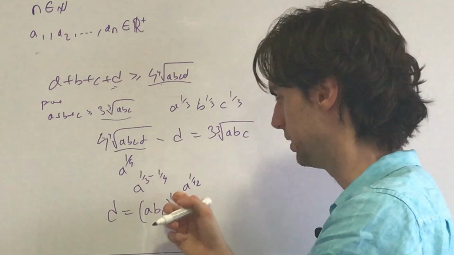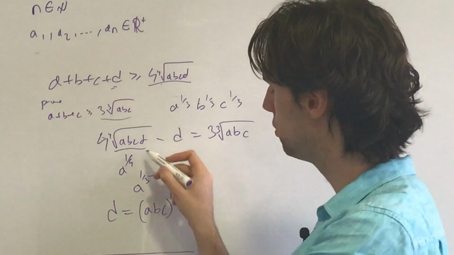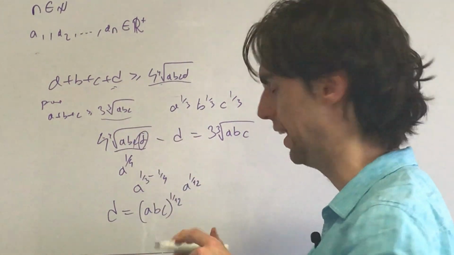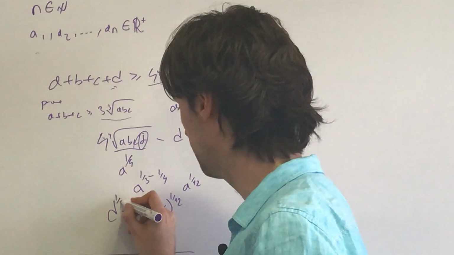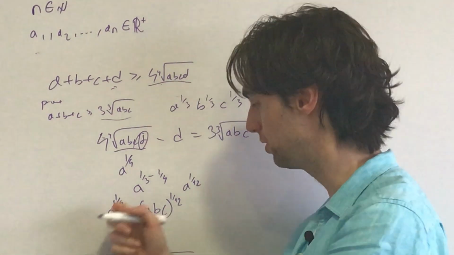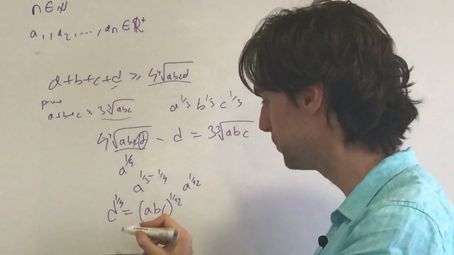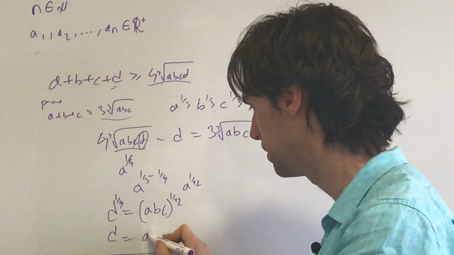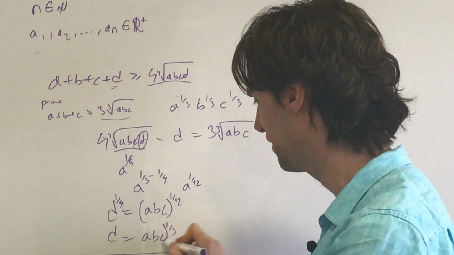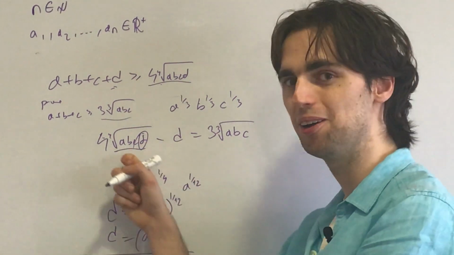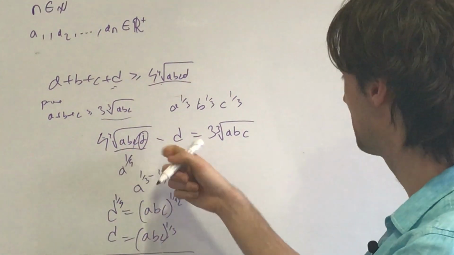It's not d to the, d right now is d to the power of a fourth, right? Actually, d here is d to the power of a fourth. So what we really need is to have d equal to abc to the power of a third, which then will give us what we need.